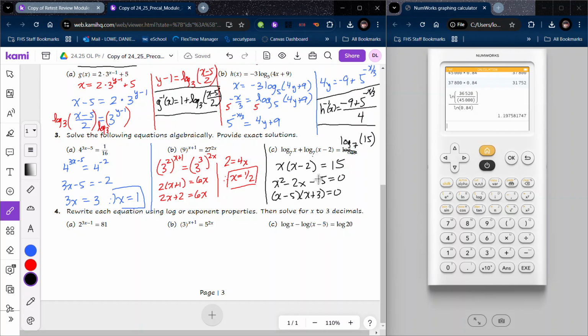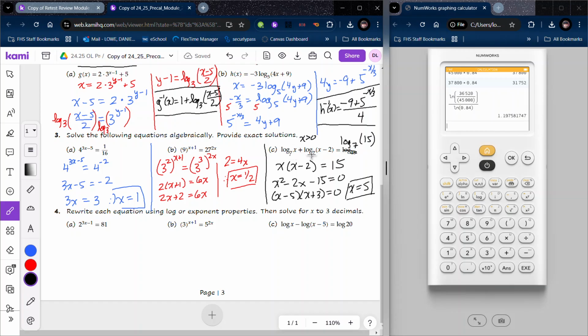From my domain restriction, I know that x has to be positive because I have log base 7 of x, and so that means that x equals 5 is the only solution. Because if x was negative 3, I would have a domain issue.